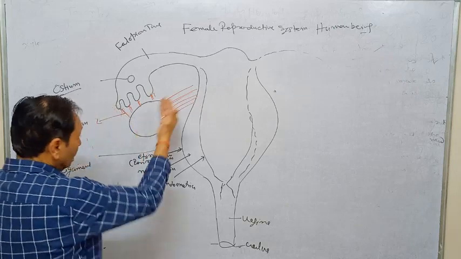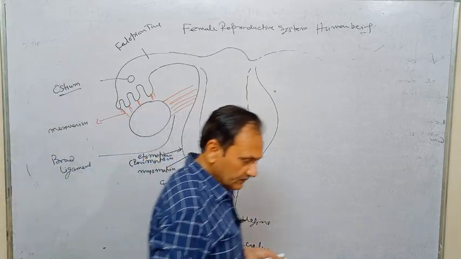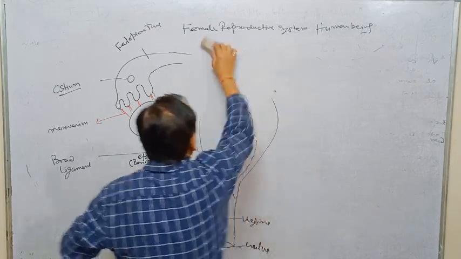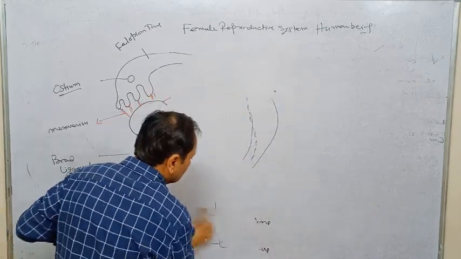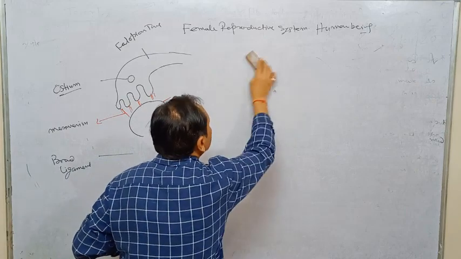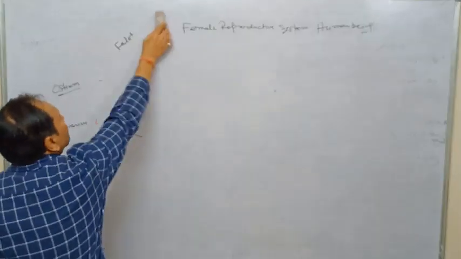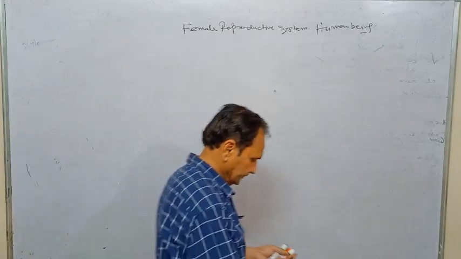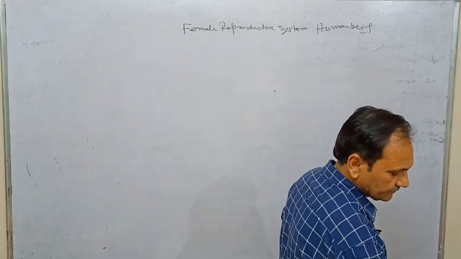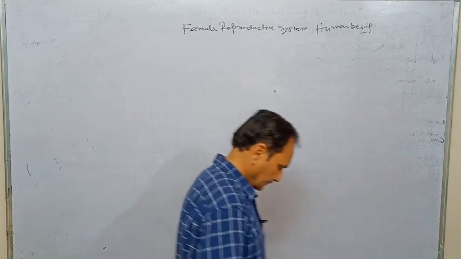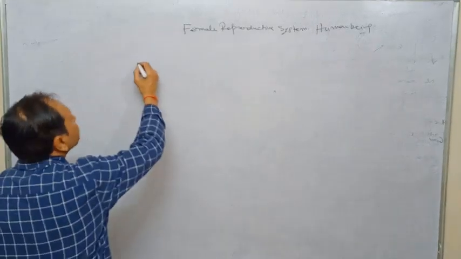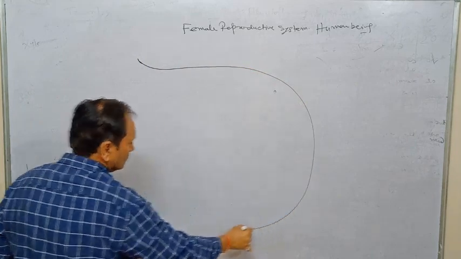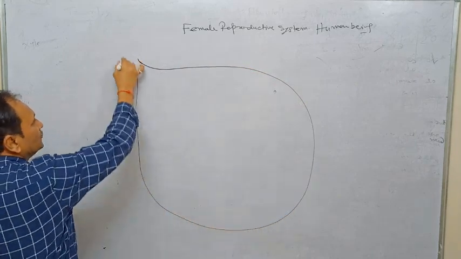Now, if you cut a section of this particular ovary, what things will we observe? We will have to discuss that. Suppose this is the TS of the ovary.